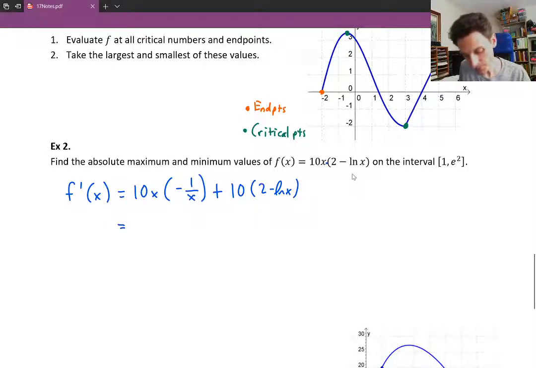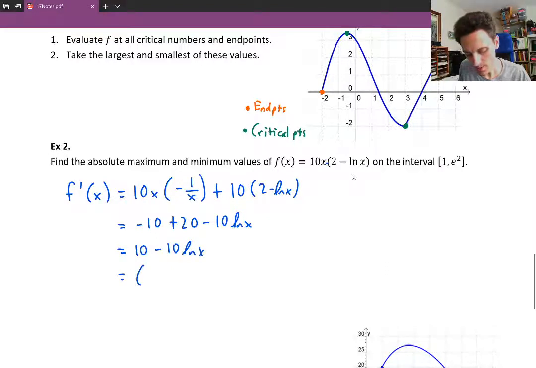The x's cancel, so you get -10. The 10 will distribute to get 20 minus 10 ln x. Then it simplifies to 10 minus 10 ln x, and we'll go ahead and factor out a 10.